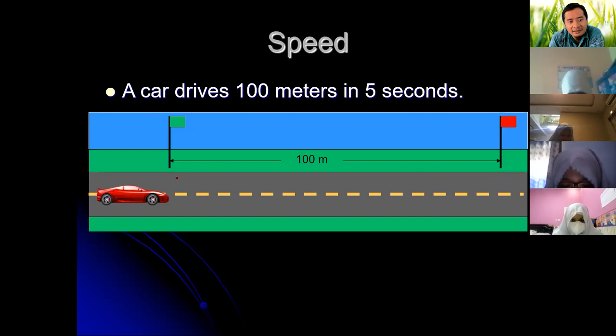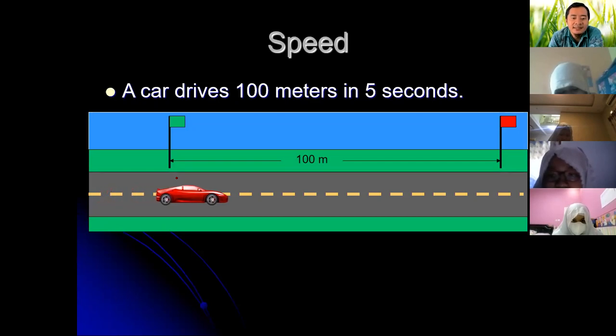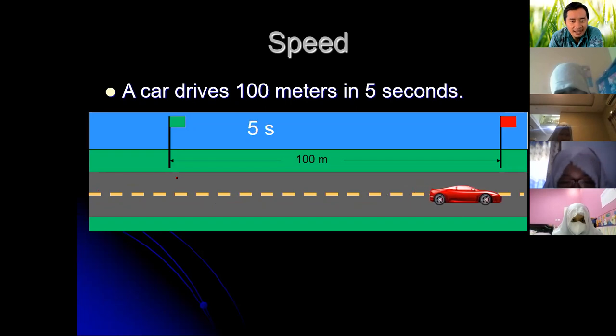A car drives 100 meters in 5 seconds. Okay, like this. In 5 seconds, the car can reach a distance of about 100 meters.